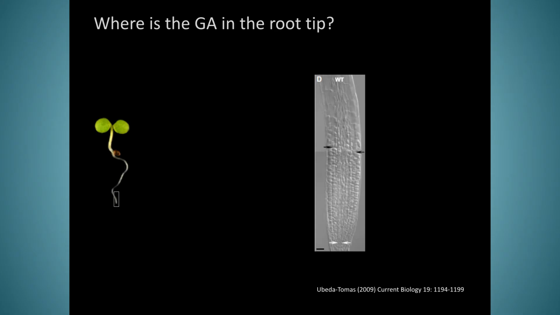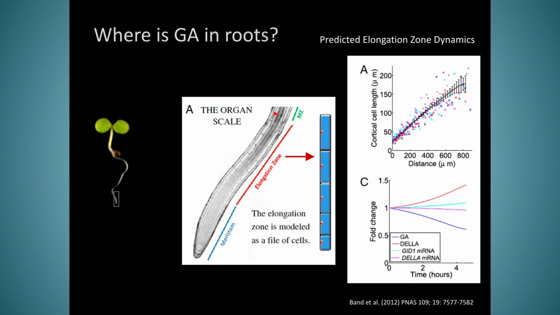So with that information in mind, where's the GA? What do we see with GPS1 in the Arabidopsis root? Where's the localization? Before I tell you that, I'll say that there's been some modeling work discussing where the GA might be. And in this study, they hypothesized that GA might accumulate to high levels at the start of the elongation zone, and then as the cells proceed through the elongation zone, as they elongate, the dilution of the cytosol would actually lower GA levels, and that would be a signal to stop growth.